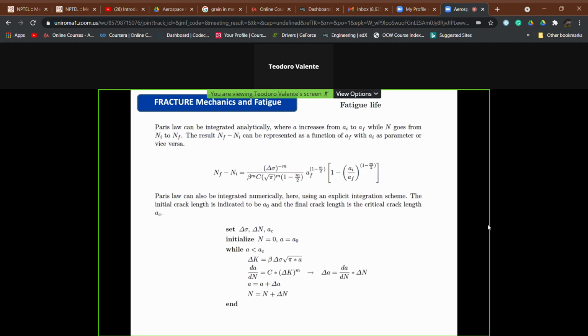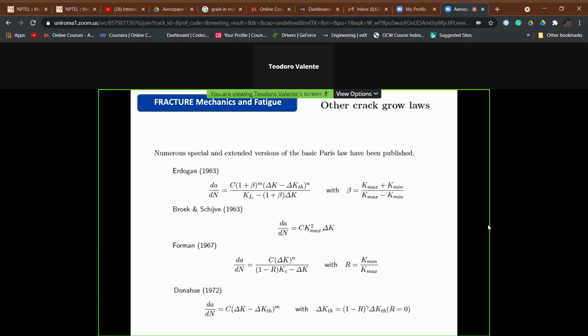This is not the only model. It is one of the most used, but there are many other models which have been proposed which can be used in order to have an estimation of the fatigue life when we have, like in this hypothesis, an harmonic fatigue cycle applied.